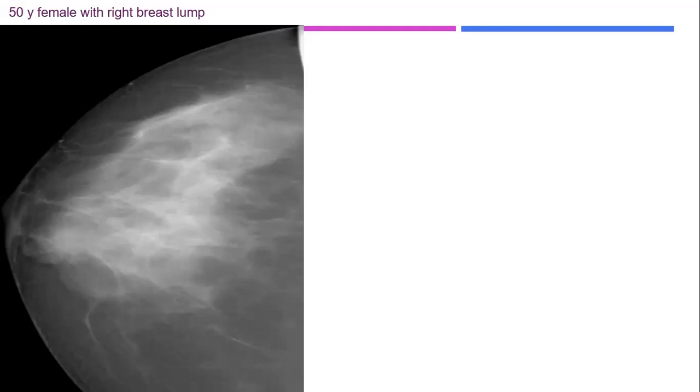Even if it is circumscribed, in a 50-year-old with a palpable abnormality, we have to consider it at least BI-RADS 4A and proceed to ultrasound. For palpable lesions, we do not consider it as 3. We have to work it up, to upgrade or downgrade the lesions. So we have to proceed to ultrasound.